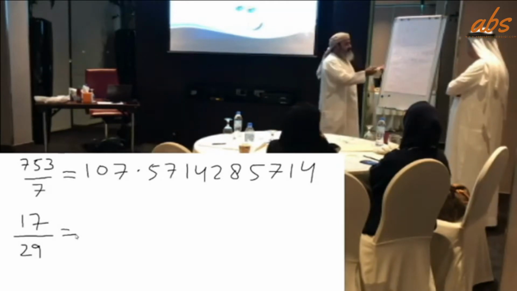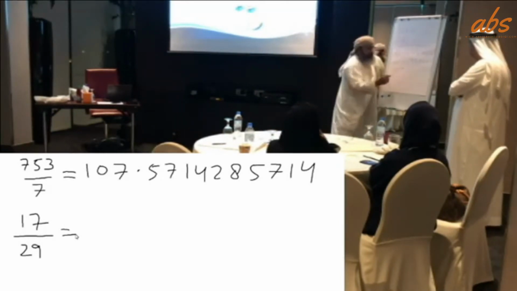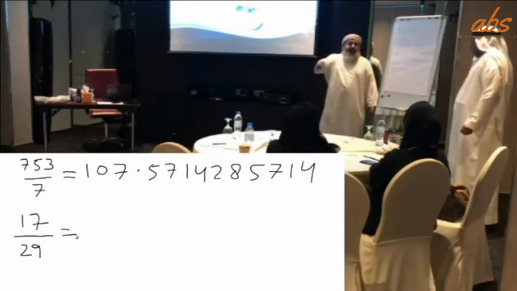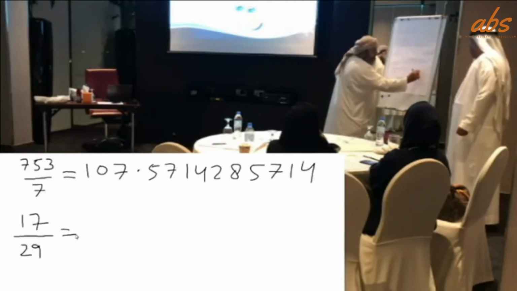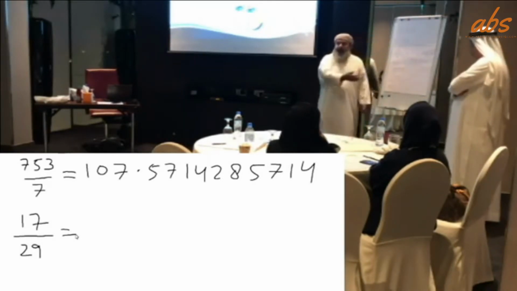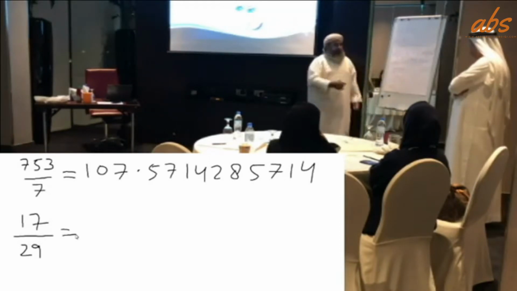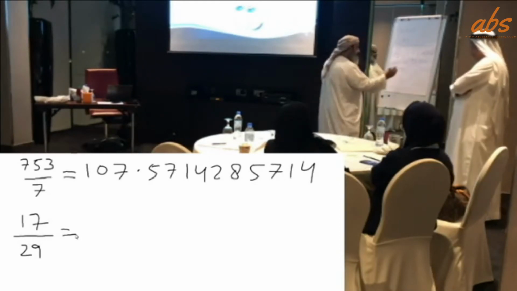Okay, let's do it mentally. You do it on calculator. If I am writing some digit wrong, just tell me, I will try to fix it, because it's not easy.